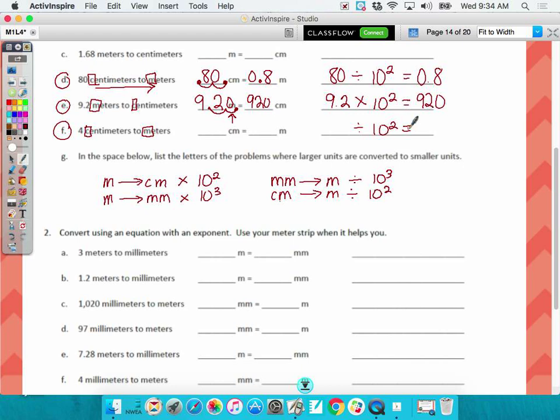It's a little bit easier than it kind of looks when you look at the paper. All right, so my number I start with is what? 4. And where's my decimal in the number 4? At the very end. How many place values? 2. What do I fill in with? A 0. A 0, and then what I need in the front. A 0. Good. How do I say that number, Sadie?